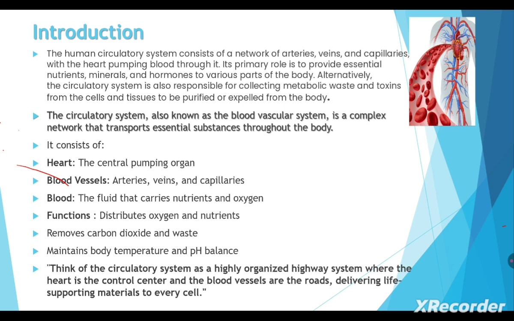It distributes oxygen and nutrition, it removes carbon dioxide and waste, and it also maintains body temperature and pH level. Think of the circulatory system as a highly organized highway system where the heart is the control center and the blood vessels are the roads, delivering life-supporting material to every cell.